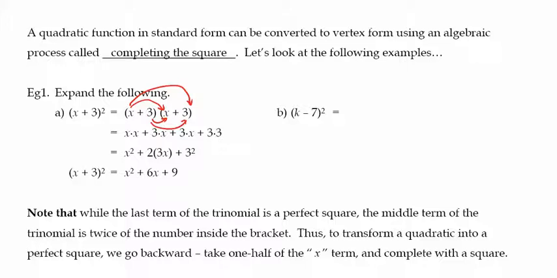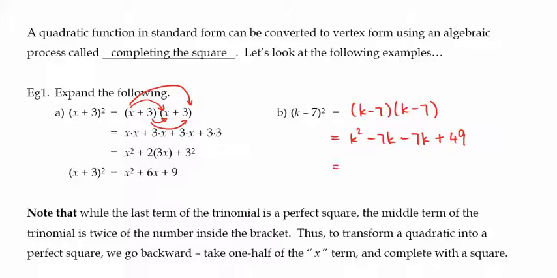Using the same concept, when we expand the perfect square of k minus 7, we will have k minus 7 times k minus 7. We have first, outside, inside, and then last, 49.